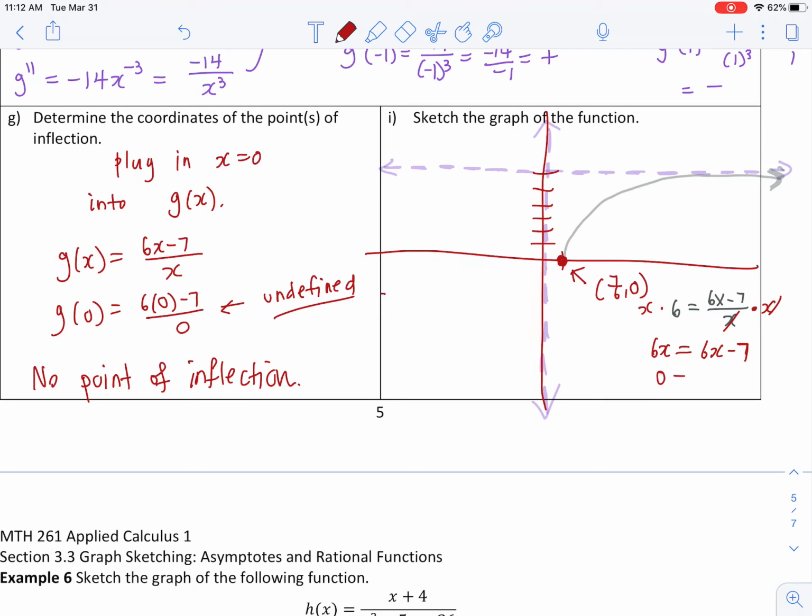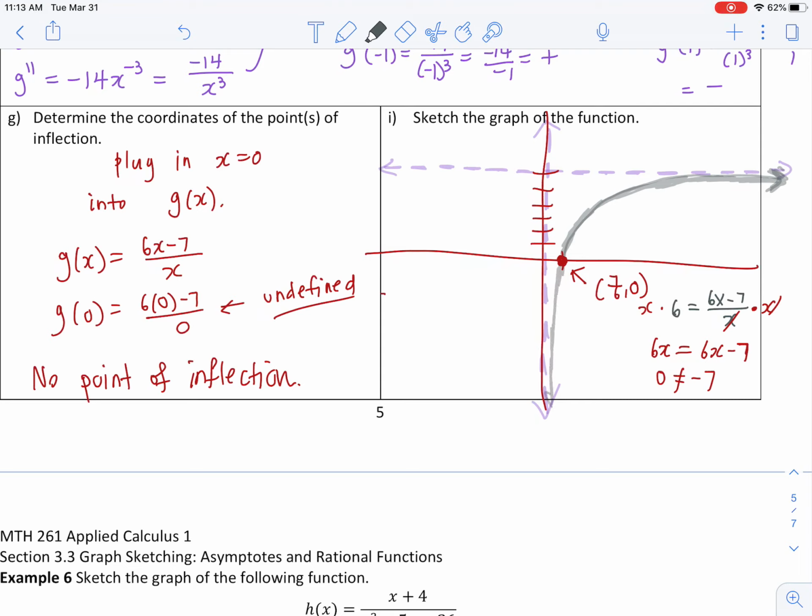If you subtract 6x from both sides, you'll get 0 equals negative 7. Now, this has no solution. What we just did was algebraically show that this function can never have a y value of 6. So that's enough for me to know that this will not cross the horizontal asymptote of 6, but it's just going to get really, really close to y equals 6 as x approaches positive infinity.